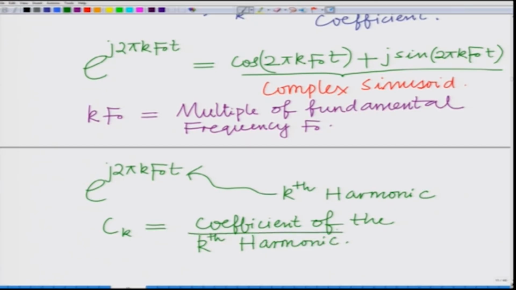So, e to the power of j 2 pi k f naught t is the kth harmonic, correct, which is associated with the kth multiple of the fundamental frequency f naught, and Ck is the discrete Fourier series coefficient associated with the kth harmonic in this discrete Fourier series expansion.